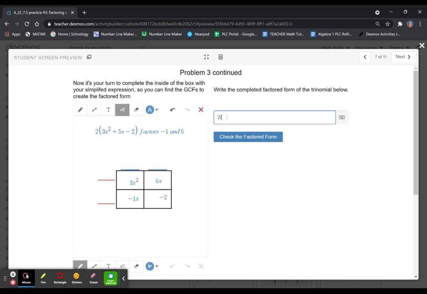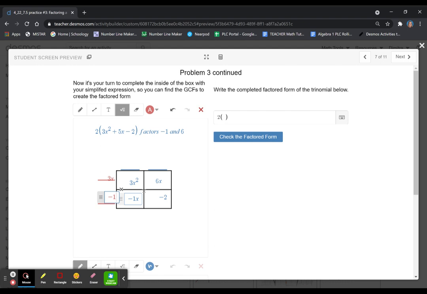So I got 3x squared times 6x. So my GCD of 3x squared and 6x is 3x. And remember, you can go to slide 1 and find the GCD of 3 and 6 if you need to. And then the GCD of negative 1x and negative 2 is negative 1.